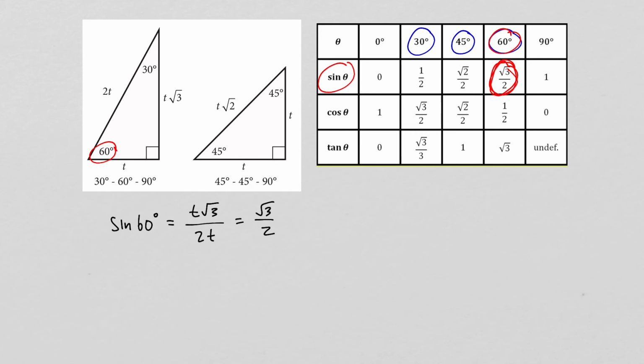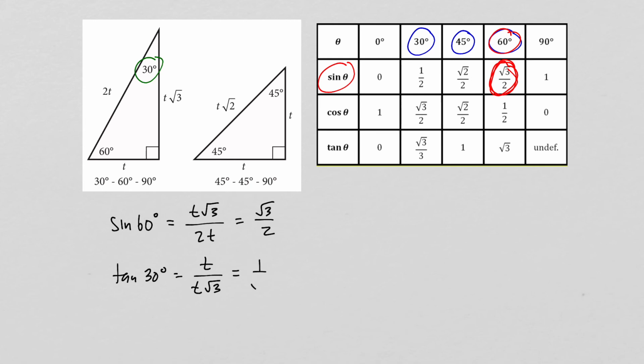We could do the same thing for any one of these other angles and any one of these other functions. So I'll do a couple more just to show you. What if we were looking at the 30-degree angle? And let's say we wanted the tangent of 30 degrees. Well, the definition of tangent is opposite over adjacent. So in this case, that would be t divided by t radical 3.